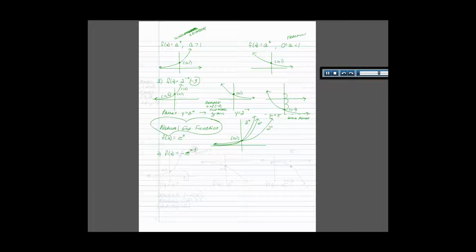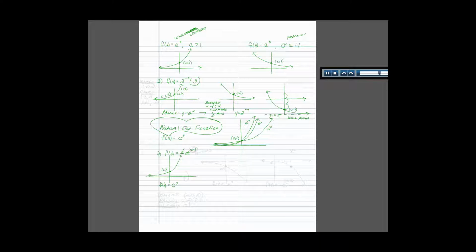All right, let's start with the parent function, which is just f of x, or y, equals e to the x. So we know that it looks like this, and it goes through the point 0, 1. Secondly, we are going to deal with that negative sign before we do the one above. That negative sign is saying the whole y becomes negative.